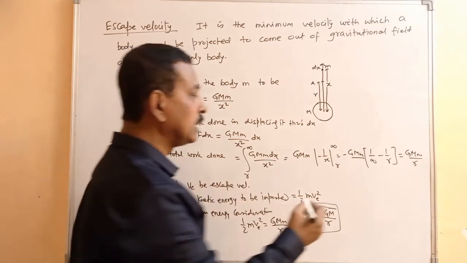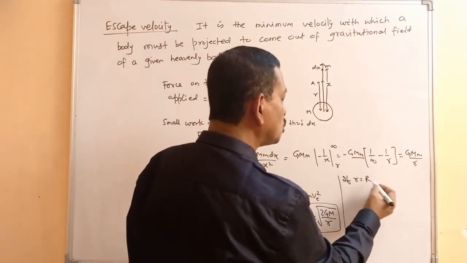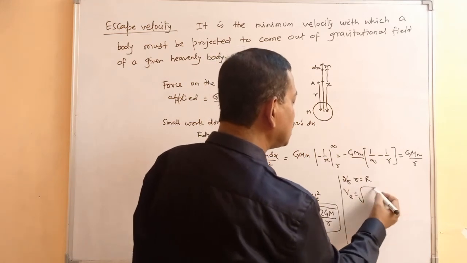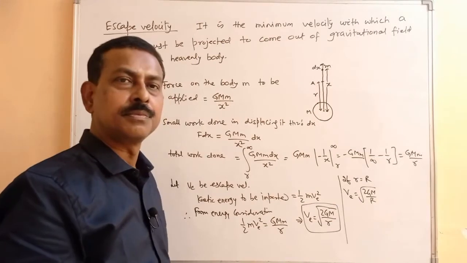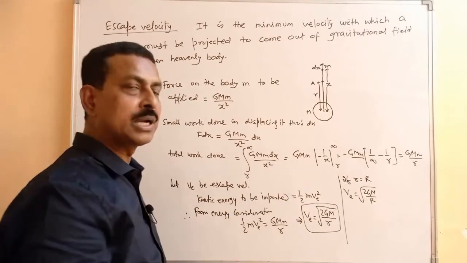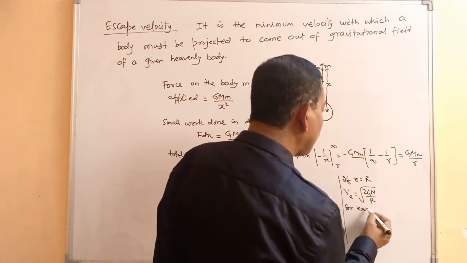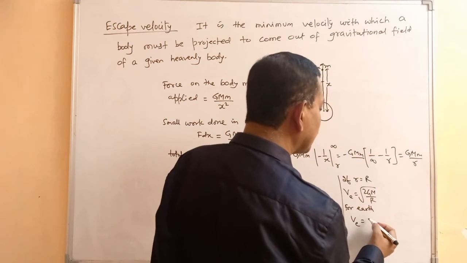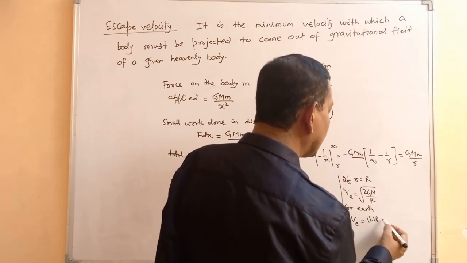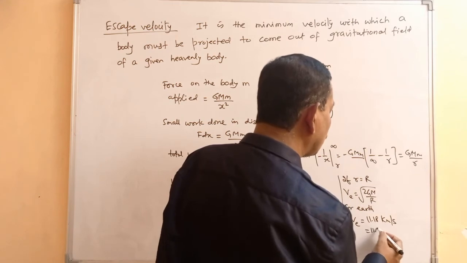Now here, if I assume small r is equal to capital R, then escape velocity will be root over 2GM by R, because the small r will be equal to capital R there. For Earth, V_E will be 11.18 kilometer per second, or roughly 11.2 kilometer per second.